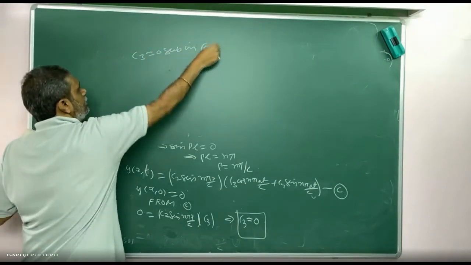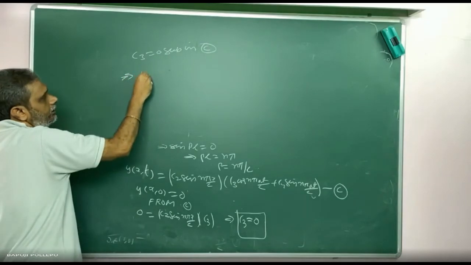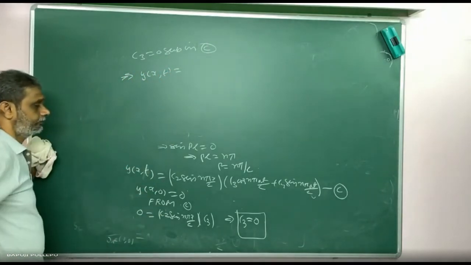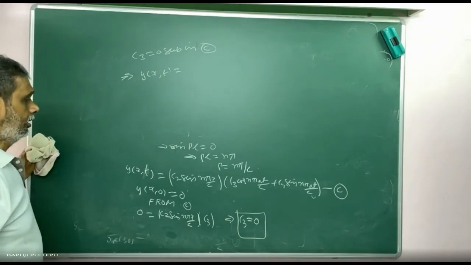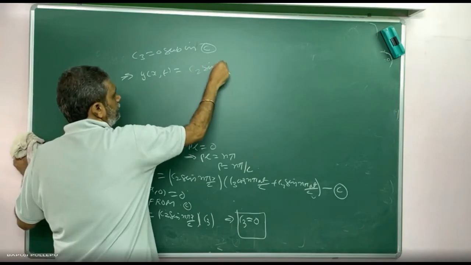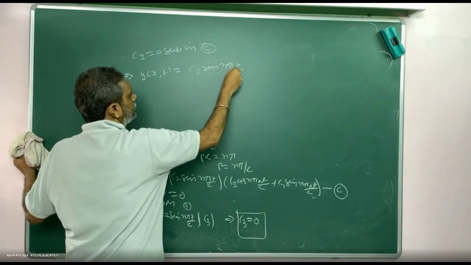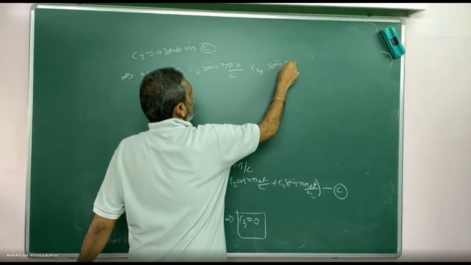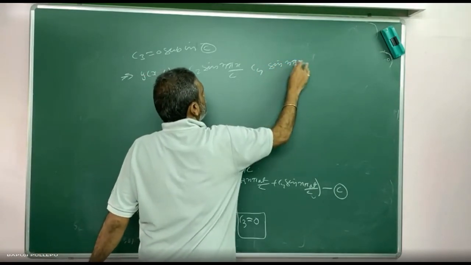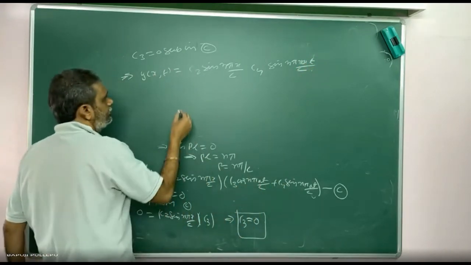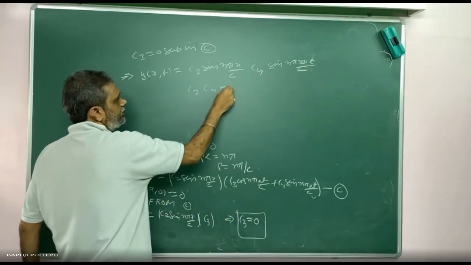Substituting in C, what will I get? y(x,t) is equal to C2 C4 sin(n pi x by L) sin(n pi a t by L). Put C2 C4 is equal to Cn.